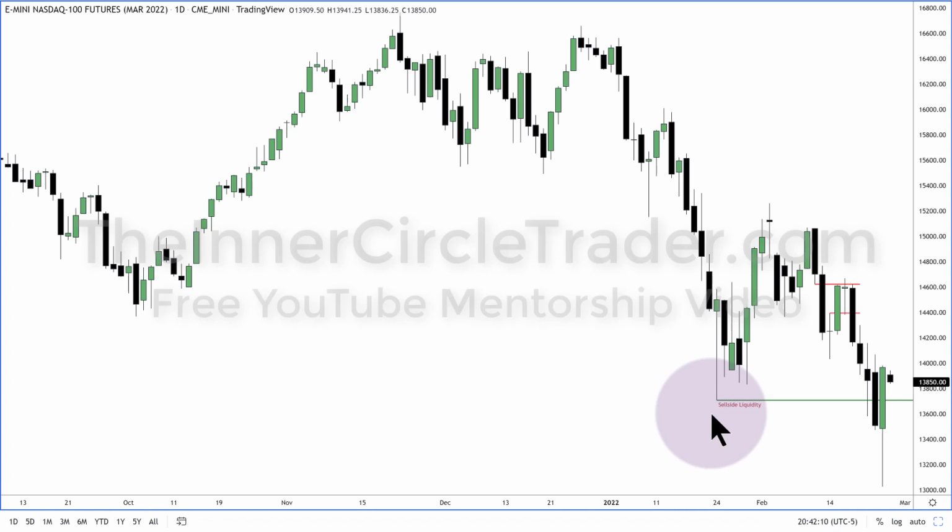The markets only book and print these candles based on two principles: liquidity, going above old highs for buy stops, going below old lows for sell stops, or rebalancing or creating imbalance. So it's imbalance, rebalance, run for liquidity. That's it. It does not do anything else.